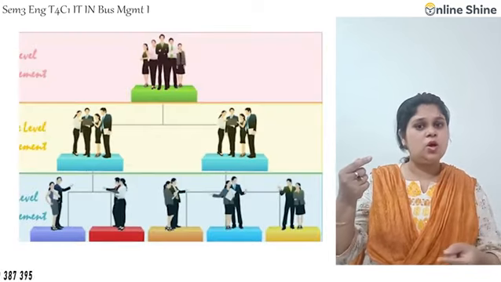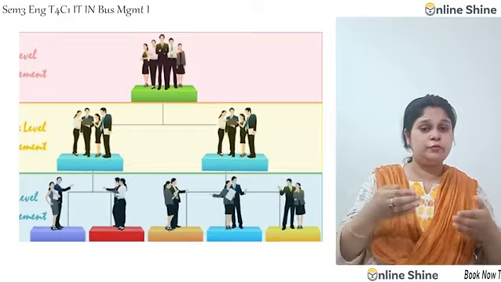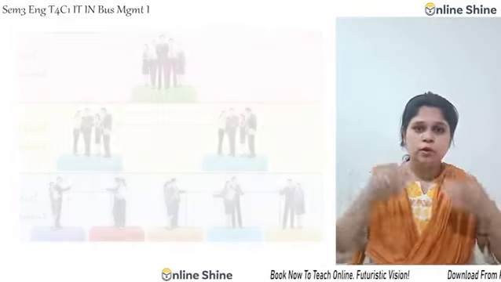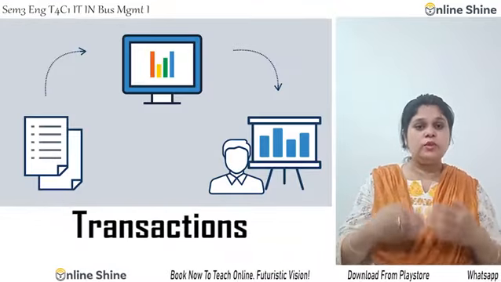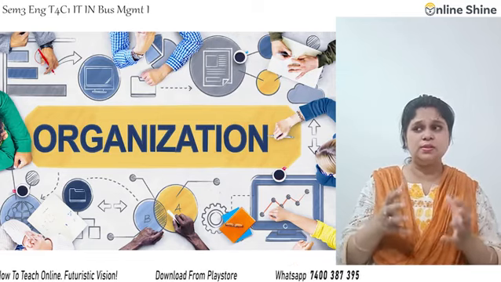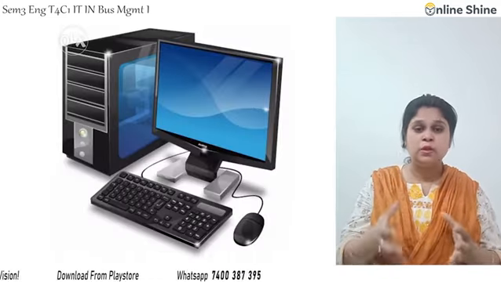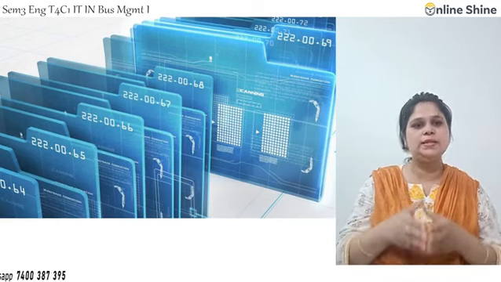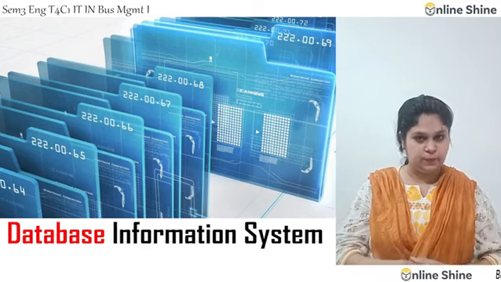No, because there is a proper hierarchy. We follow proper rules, proper procedures for flowing of any transactions. So we can say in any organization we have a certain computer system where all the information has been stored, which is known as database information system.